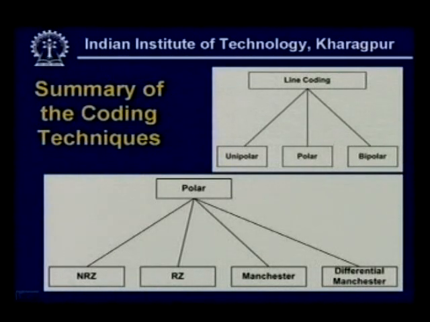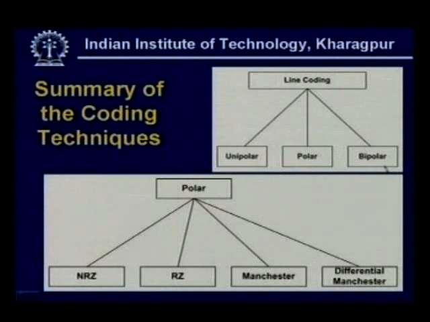Here is a summary of what we discussed in the last lecture. In the last lecture, we started our discussion of transmission of digital signal. Essentially, we discussed various schemes for conversion of digital data to digital signal. As you know, the conversion technique is known as line coding, and they can be classified into three broad categories: the unipolar, polar and bipolar.